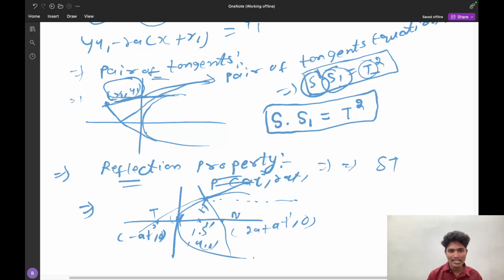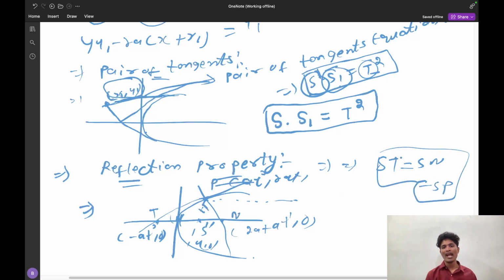The distance ST is equal to SN, and this is equal to SP. Very important: the distance of the focus from the point of touching is equal to the distance of the focus from T, the tangent's intersection with the x-axis, and also equal to the distance from S to N, where the normal meets the axis.